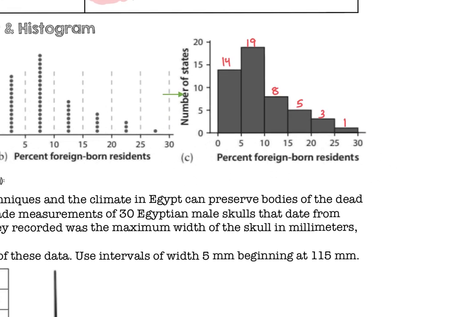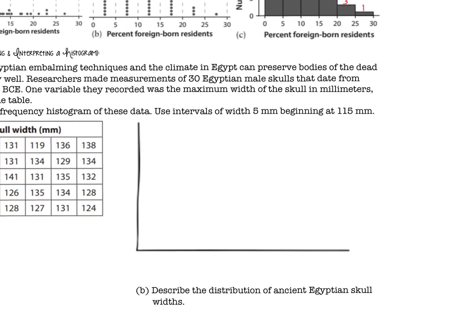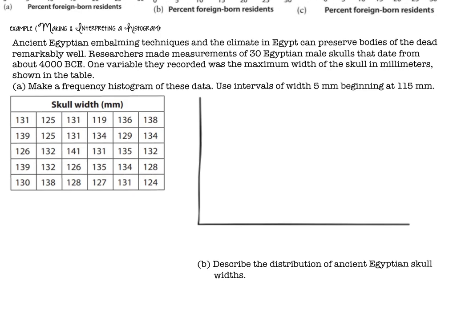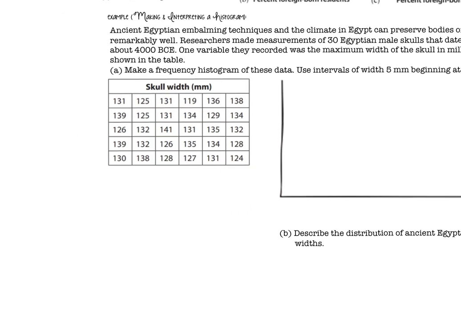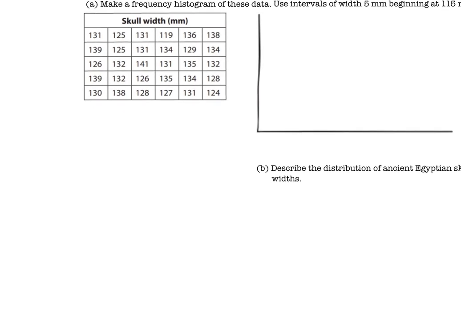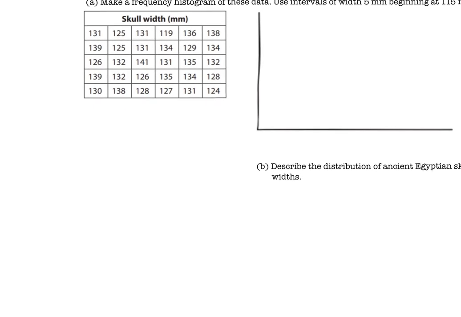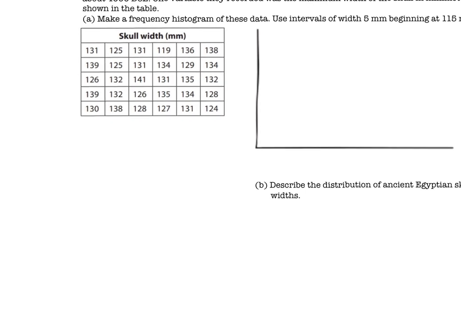So we're going to walk through one here real quick, and then I'm going to let you work on some of your own problems here. But if you look, we're going to create a frequency table, but we're going to use intervals instead. And so what happens is, if you look, our lowest value in this data set, as I'm looking at it, looks like about 119.